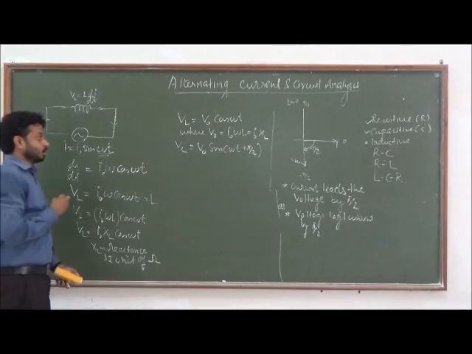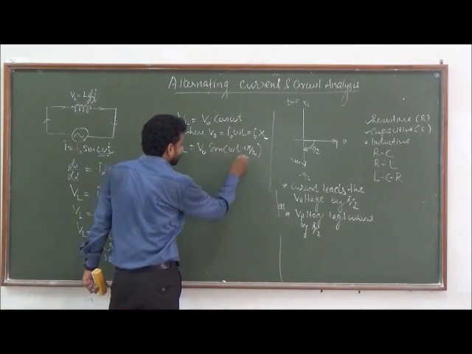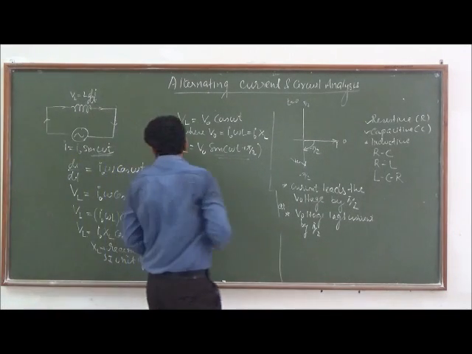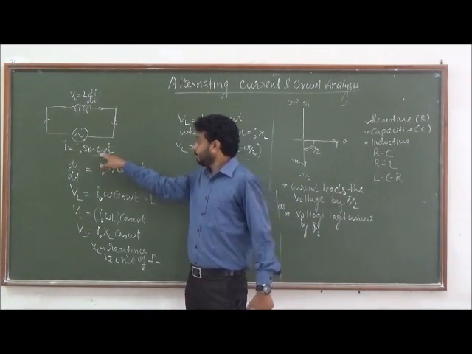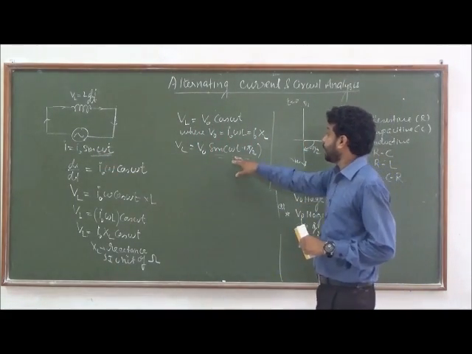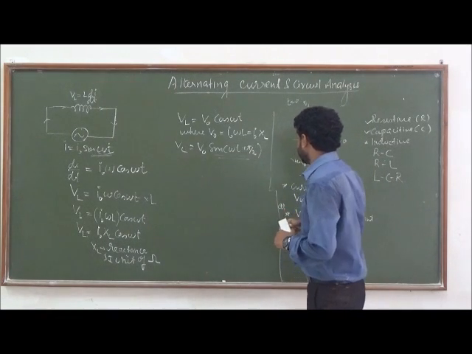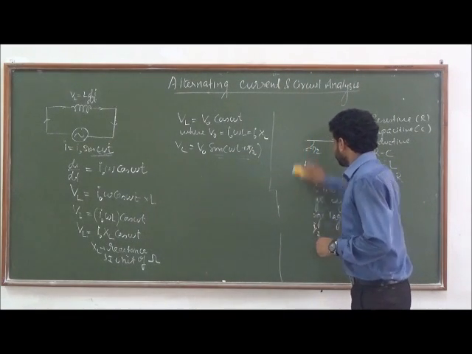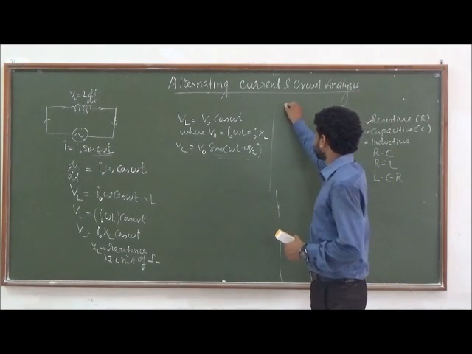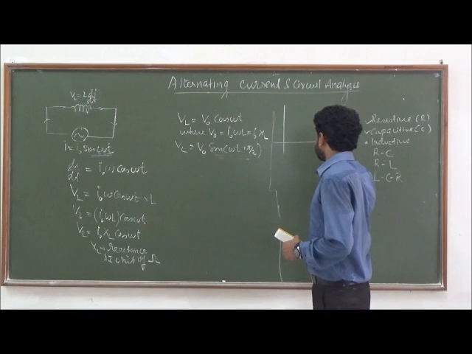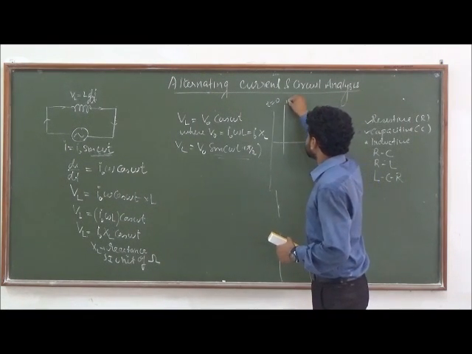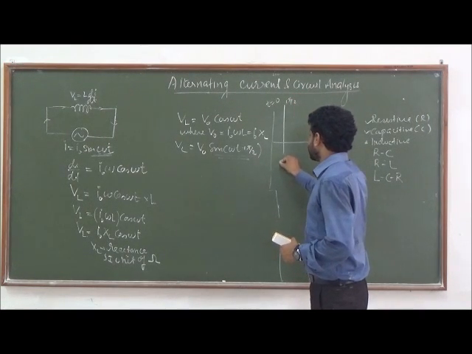Correct? So what we can see now, if you compare the phase of the current and the voltage, is that the current has a phase of omega t, whereas the voltage has a phase of omega t plus pi by 2. So if I again draw the phasor diagram, I will find that at time t equal to 0, this is phase 0, this is phase plus pi by 2, this is the phase of minus pi by 2.